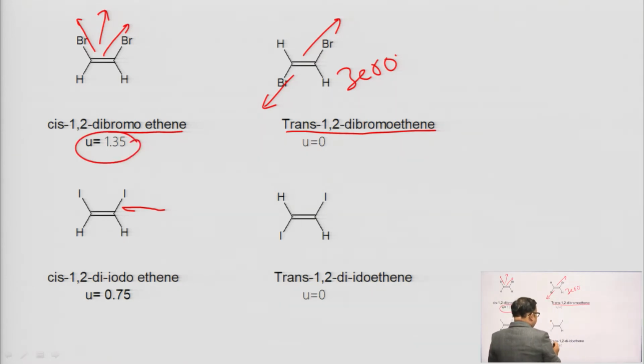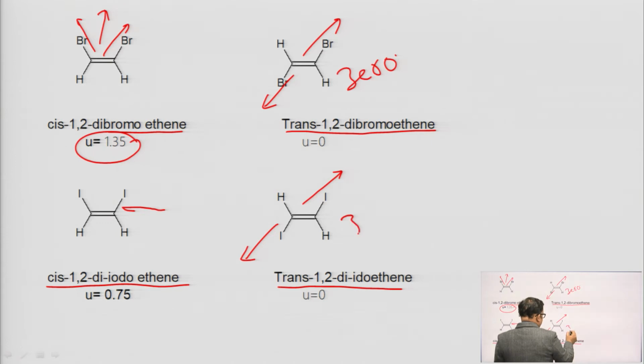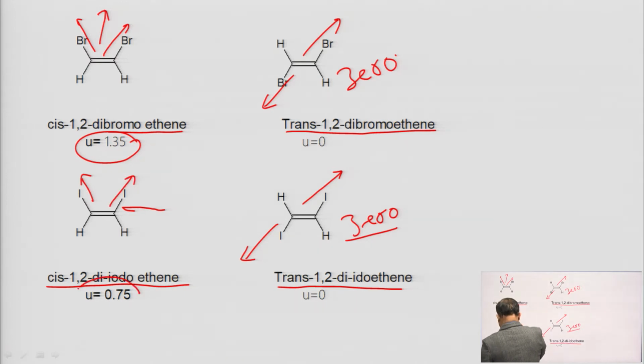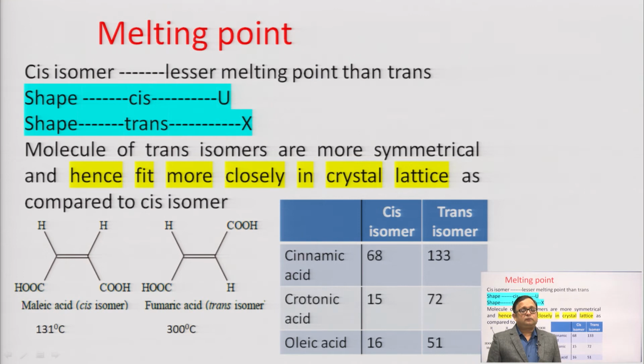Similarly, in one more example, trans 1,2-diiodoethene and cis 1,2-diiodoethene, in the trans case again the directions are opposite, so the dipole moment is 0, but in the cis case the value of dipole moment is around 0.75. So, from these examples it is very clear that cis isomers have a higher dipole moment than trans isomers.